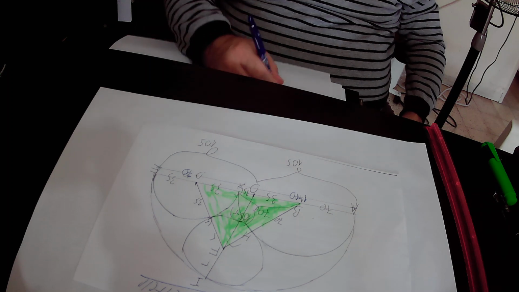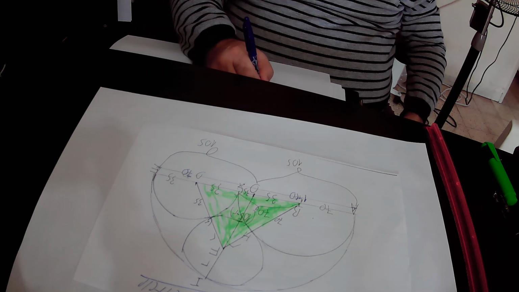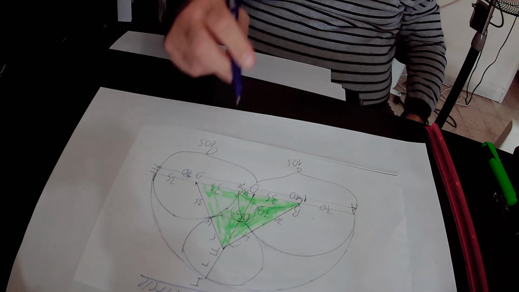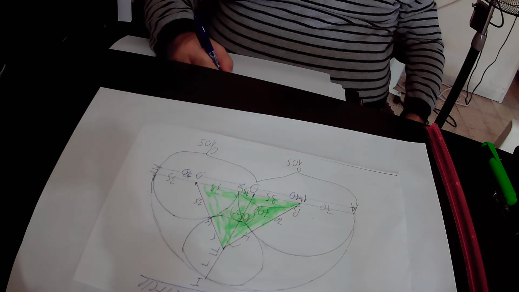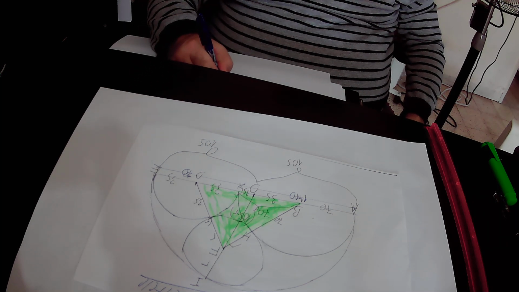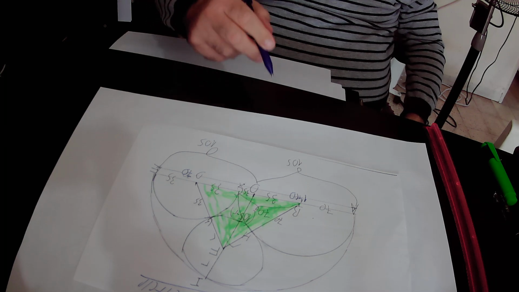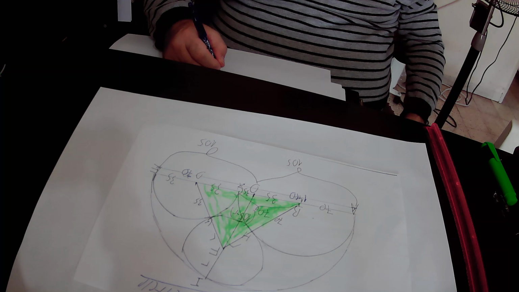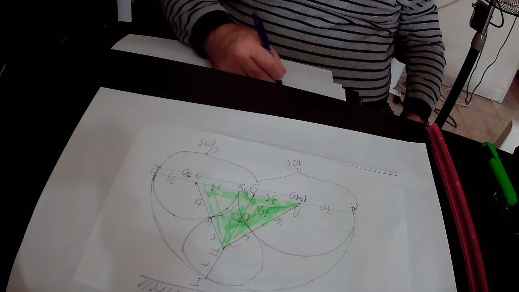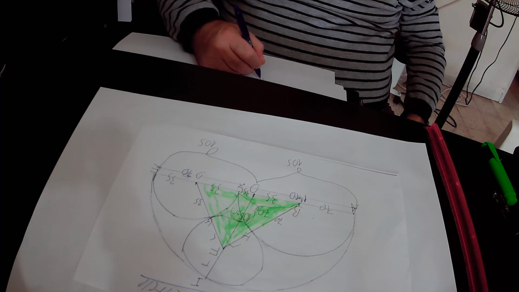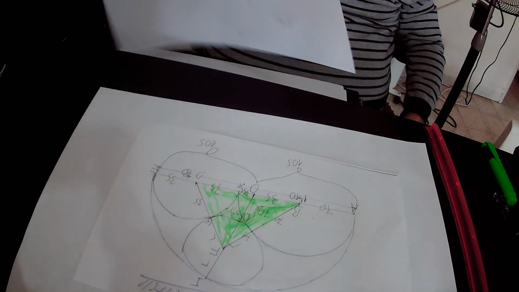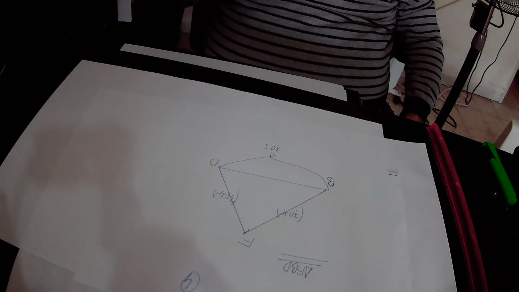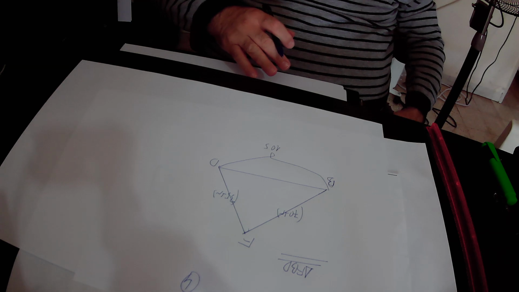FB equals 70 plus r, FD equals 35 plus r, and finally BD equals 105 units. And this is triangle FBD that I copied from the original drawing.